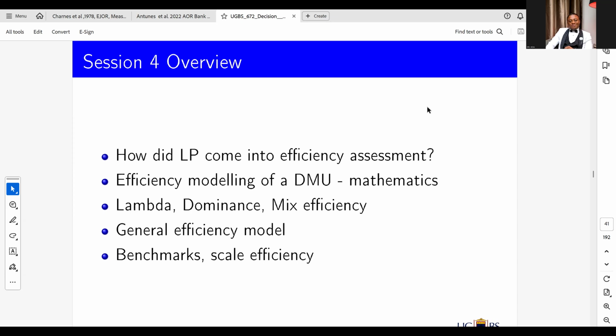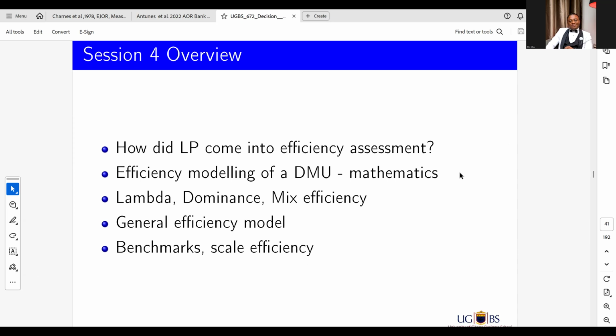What really is dominance? We'll try and model the understanding behind dominance. And then mixed efficiency, general efficiency, benchmarks, peers, skill efficiency. This is where the real linear programming envelopment analytics begins.